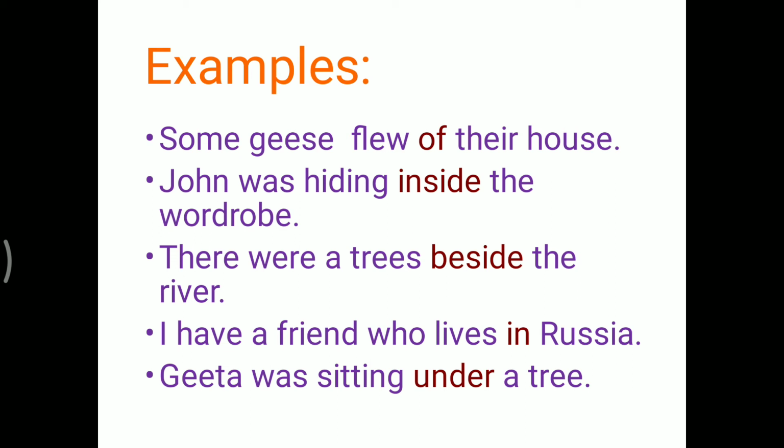There were trees beside the river. I have a friend who lives in Russia. Geeta was sitting under a tree. In those sentences, inside, beside, in, under are the prepositions. They show place.